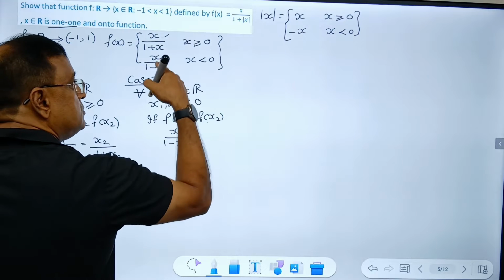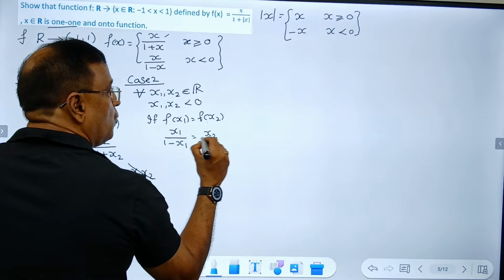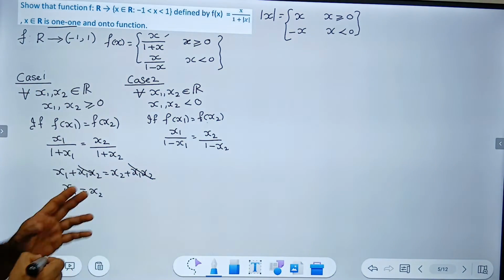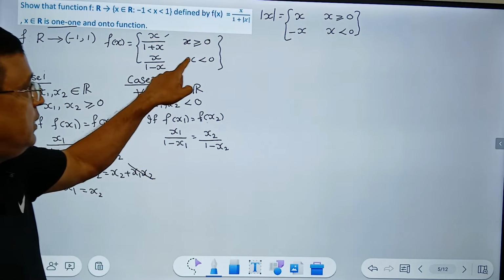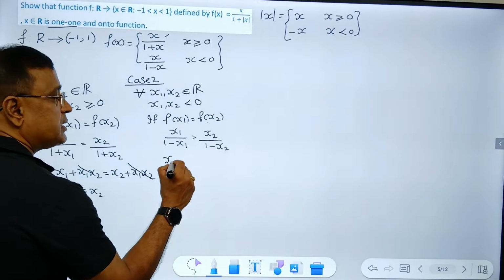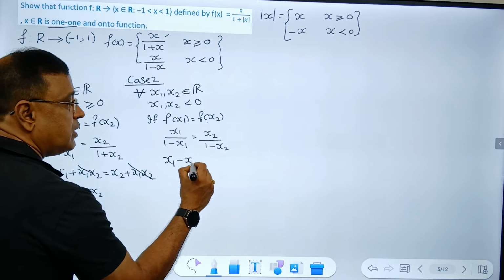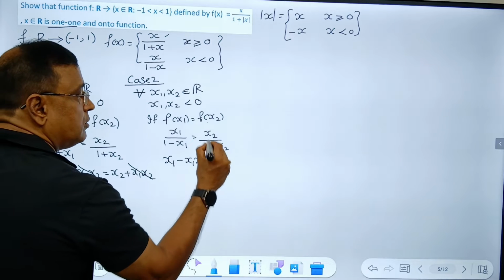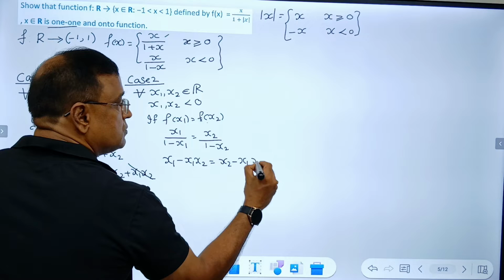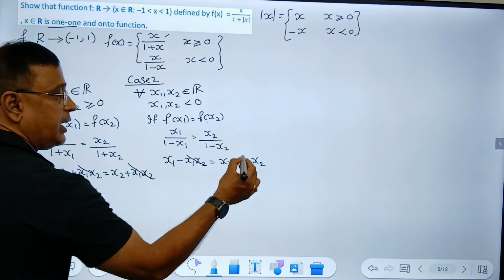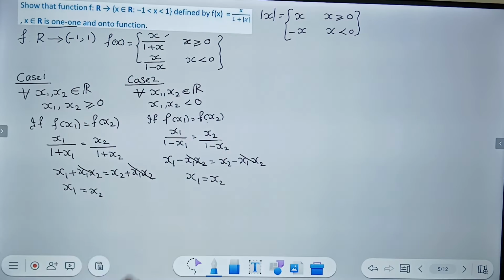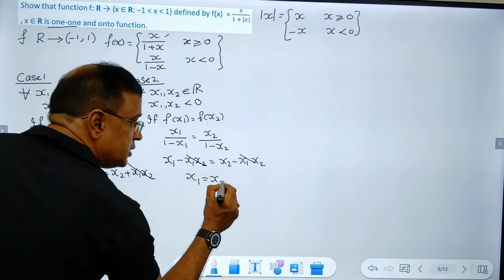What is f of x2? x2 by 1 minus x2. Why am I using the second definition? Because x1 and x2 both are negative. If they are negative, this is the function. Now cross multiply, you get x1 minus x1 x2 equals x2 minus x1 x2. Now clearly they get cancelled. So what do you get? x1 equals x2. Now we have finished case 2.